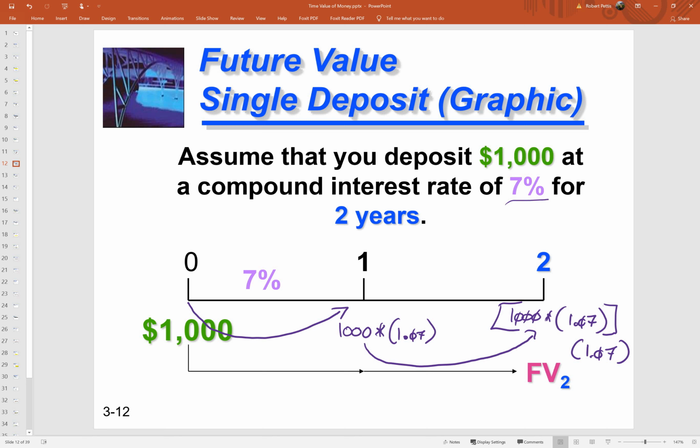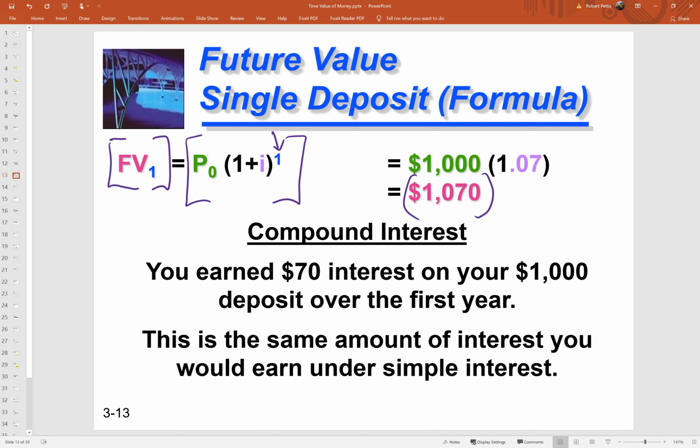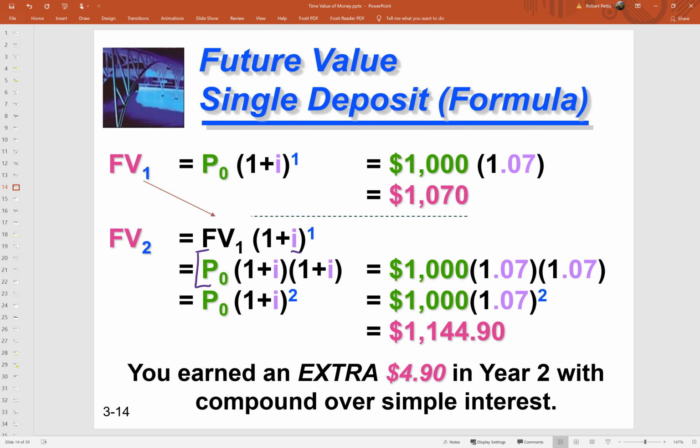So let's see that in action. That first point, 1,000 times 1.07, is going to come out to be 1,070. That's going to be our first year. Now the second year, we're going to have the whole thing multiplied again by 1.07.